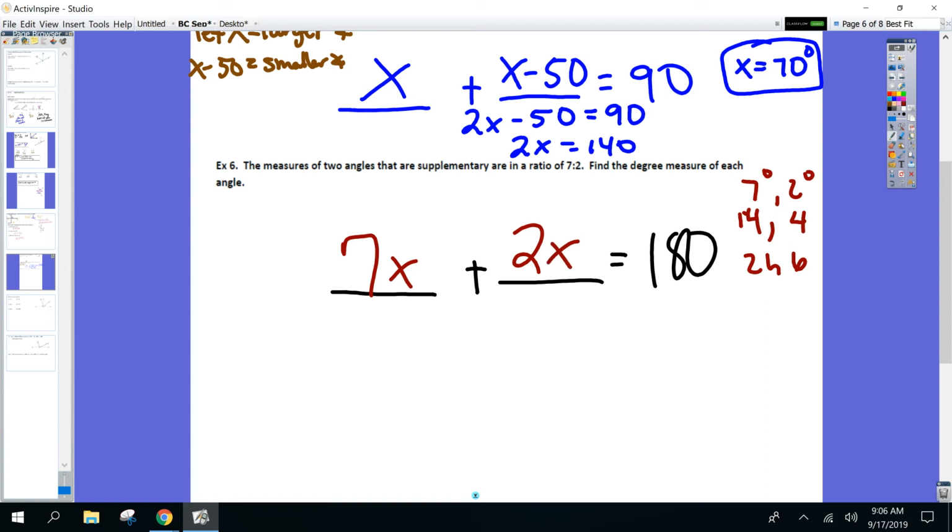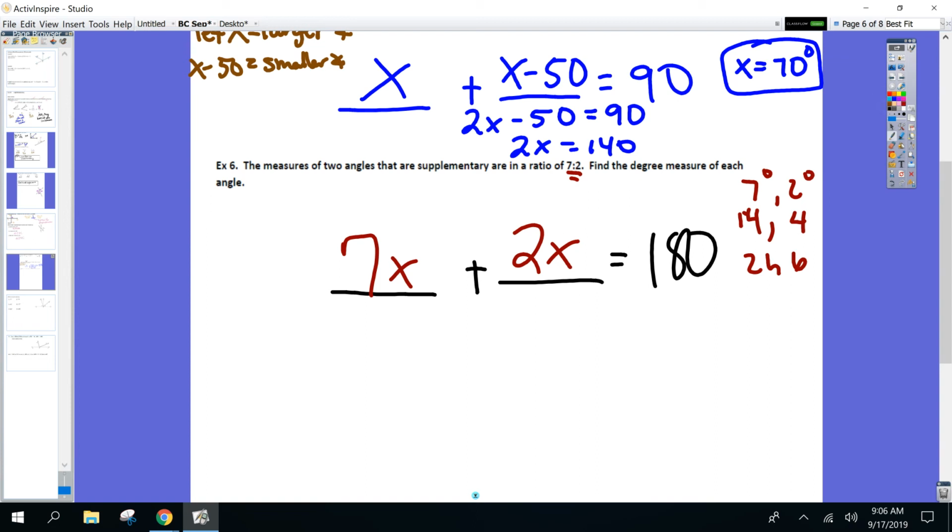I did 7 times 1, 2 times 1. 7 times 2, 2 times 2. And then finally, I'll get that value of x that works. So anytime numbers are in a ratio, I'm just going to put x's with them, plop them right next to it.